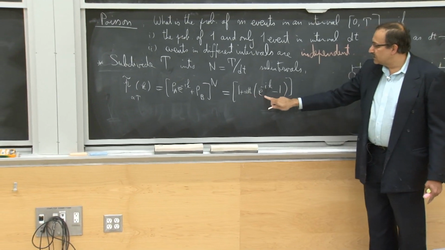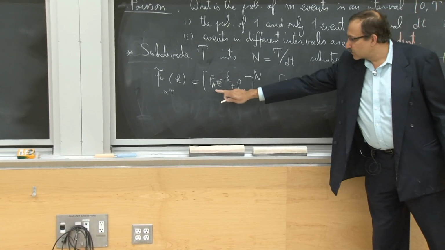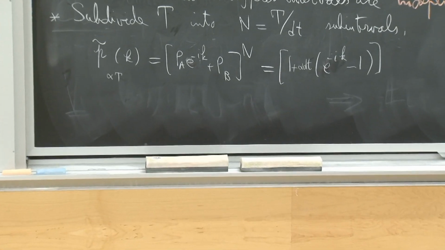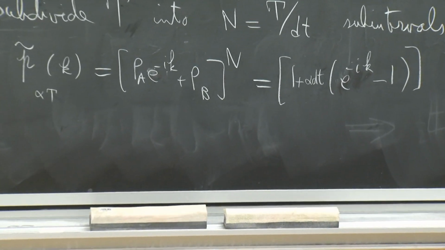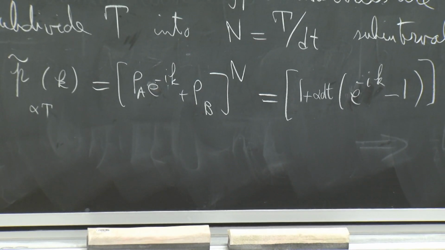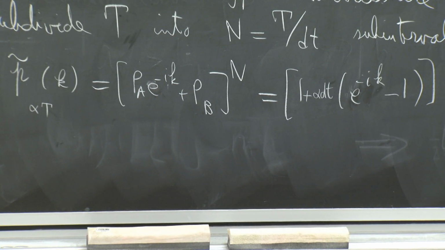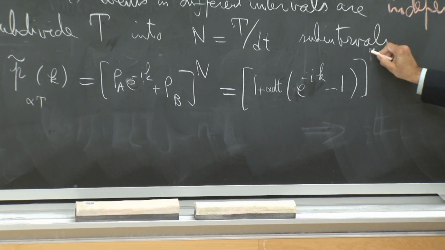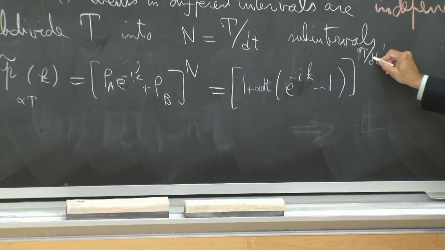So alpha dt e to the minus ik is from here. From the other probability, I will get 1 minus alpha dt. And I bunch together the two terms that were proportional to alpha dt. And then I have to raise to the power of n, which is t divided by dt.